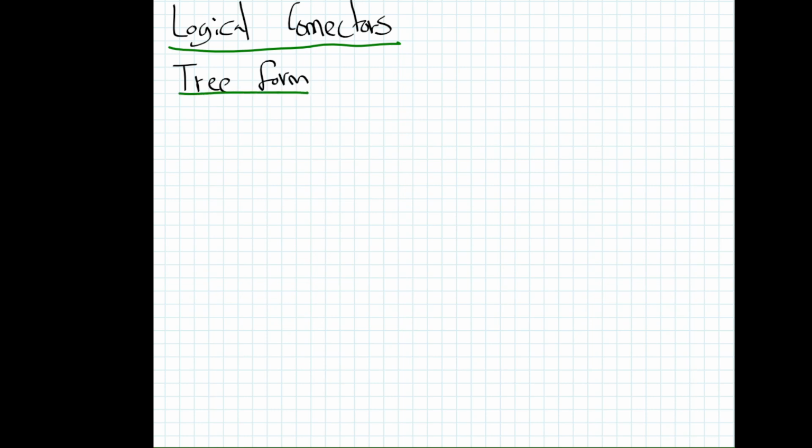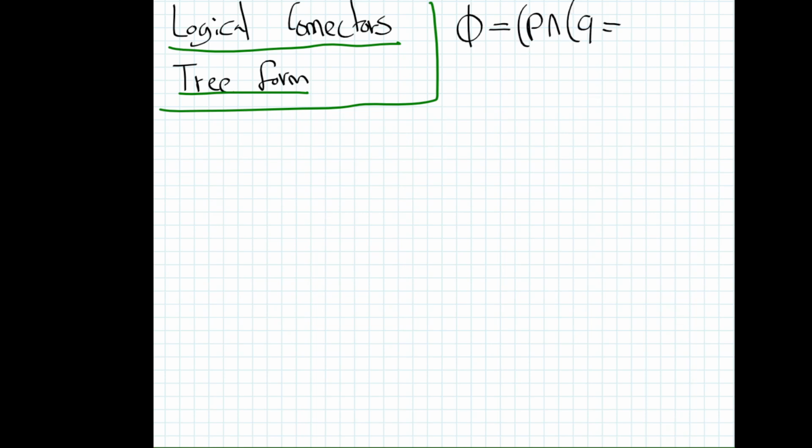Like this. Let's say, for example, we have the following formula, which equates P intersect with Q implication R.